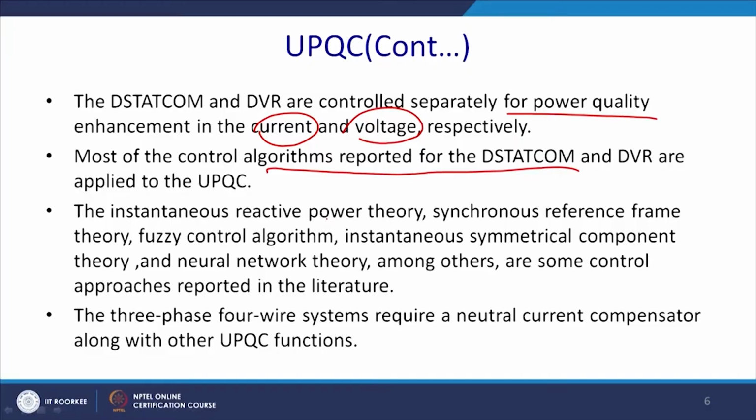So, instantaneous reactive power theory was proposed by Akagi et al. in 1984. Synchronous reference frame was proposed by Deepak Devham, Subhasis Bhattacharya et al.